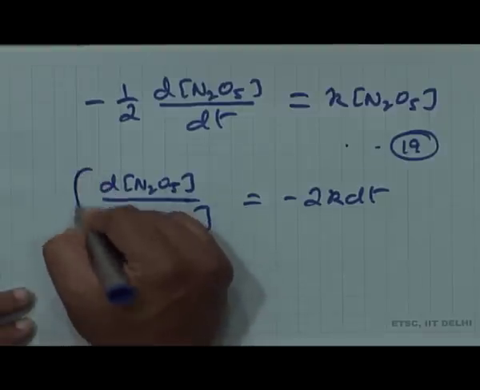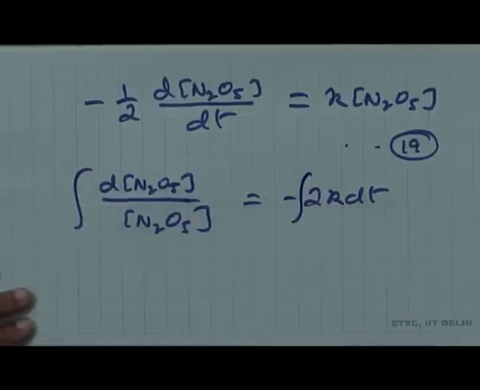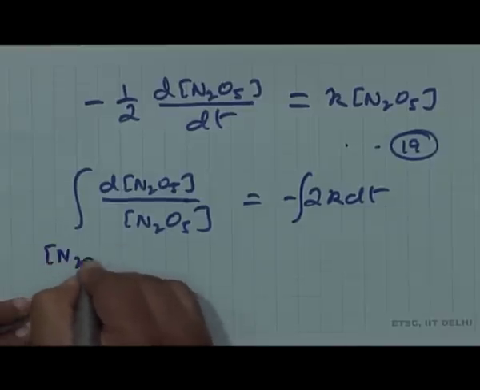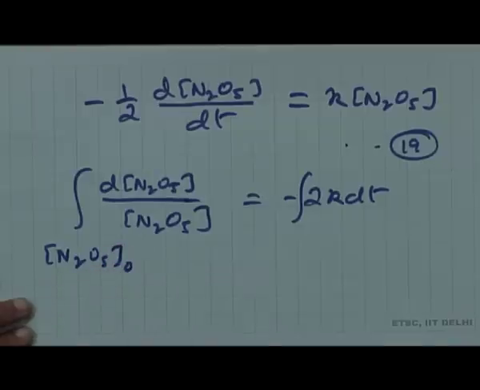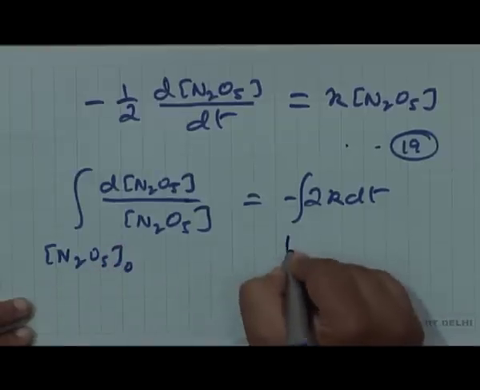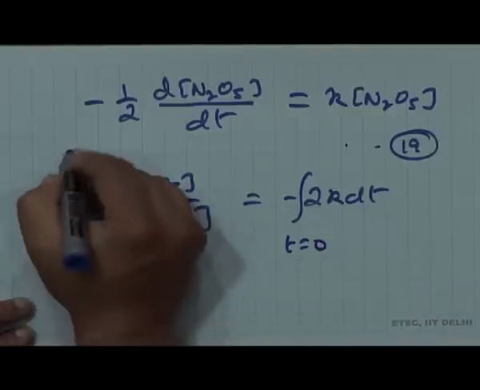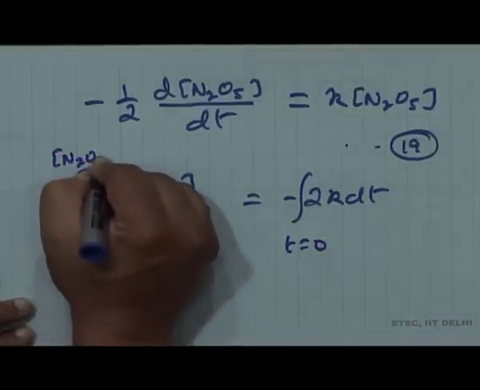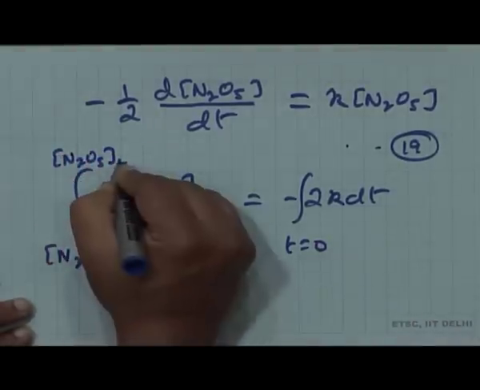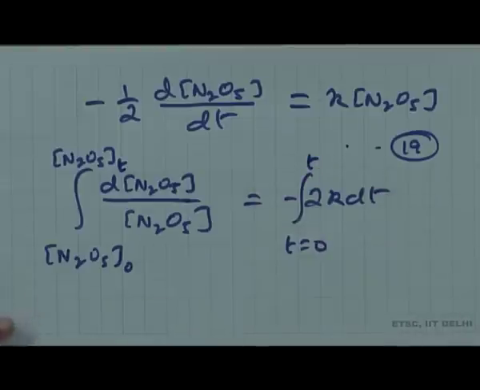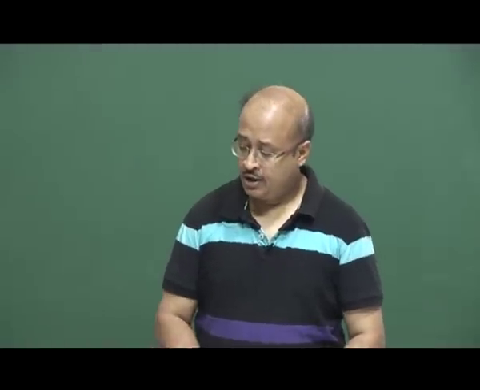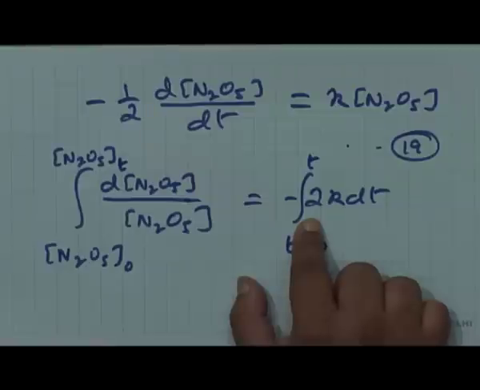What do I integrate? I integrate again between the limits. What were the limits? The limits are N2O5, the initial concentration at t is equal to 0, to N2O5 at time t. Again exactly the same thing as we did last time, just keep track of the fact that K is a constant, so is 2.